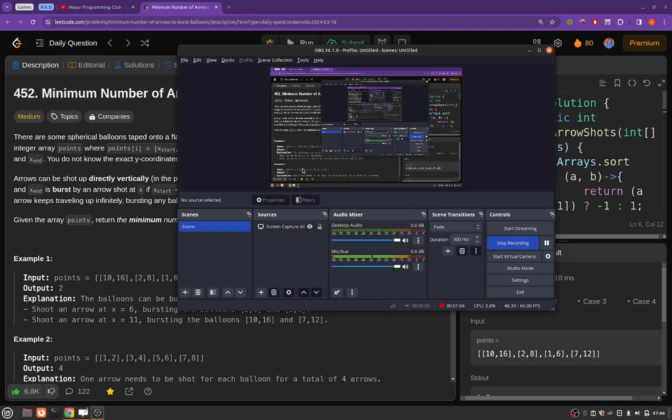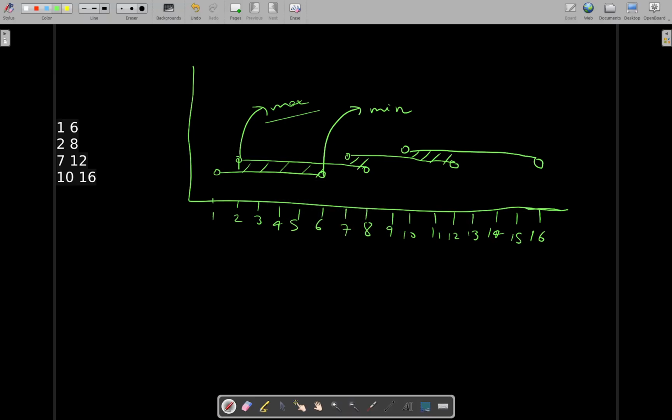It means that this is the stretch of that balloon. So if a balloon is from 1 to 6, it means that this balloon is stretching like this.